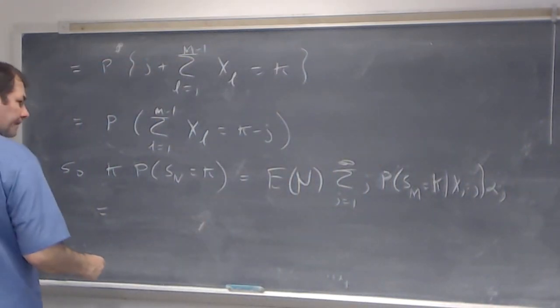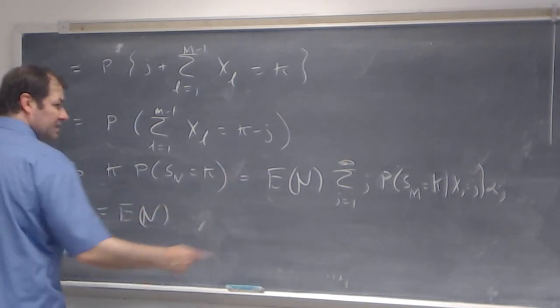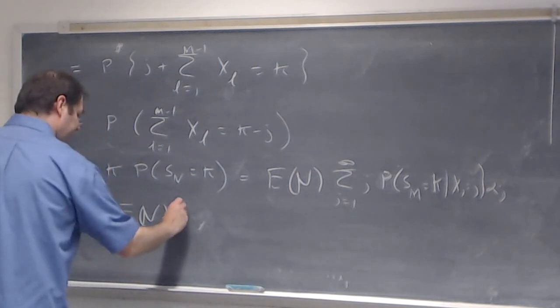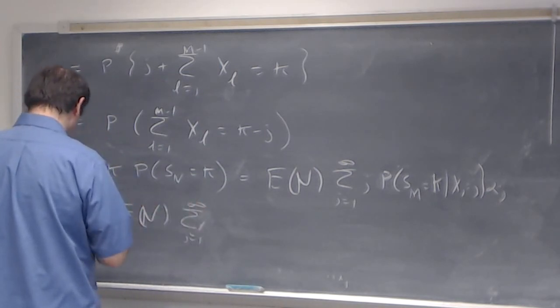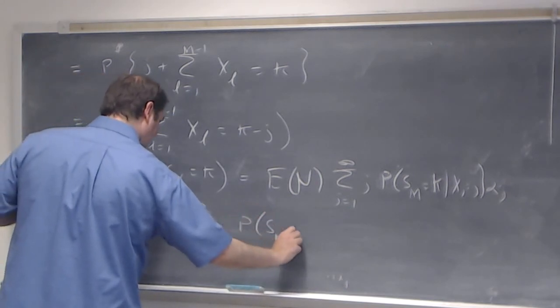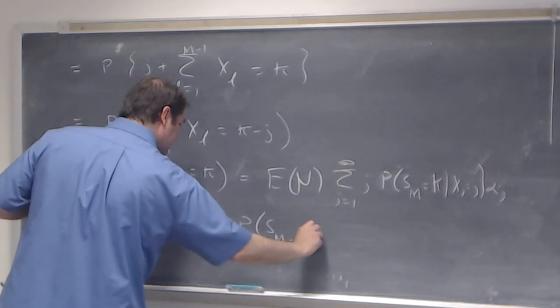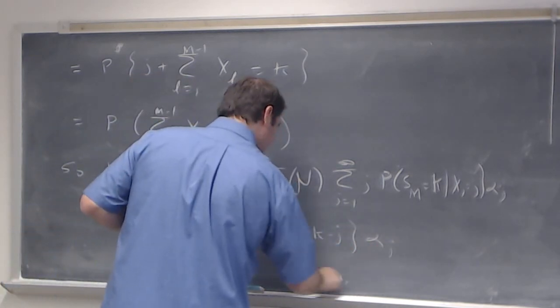We replace this conditional probability with what we found, so it's the sum as j runs from 1 to infinity of j times the probability that S of M minus 1 is equal to k minus j times alpha sub j.